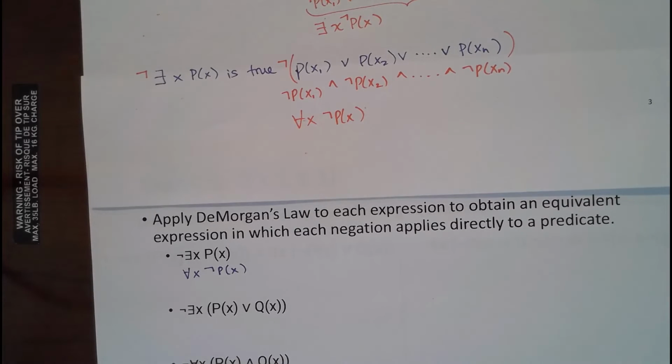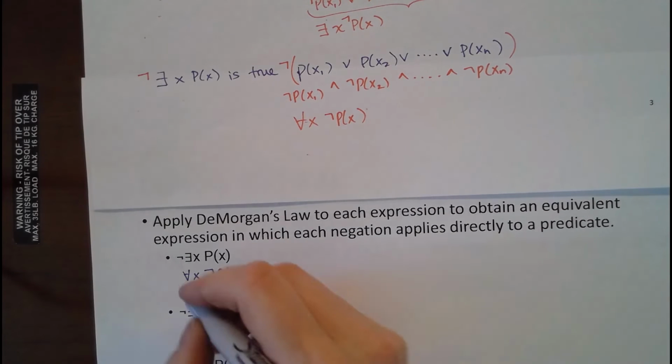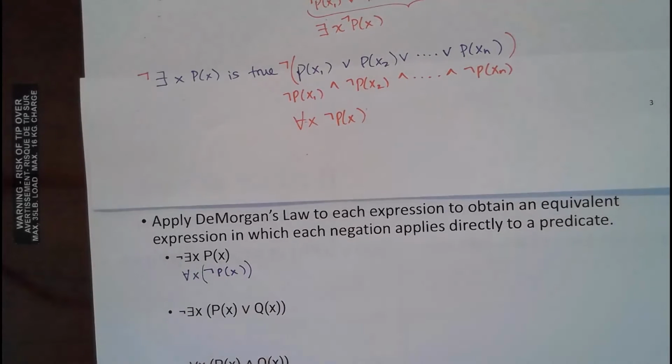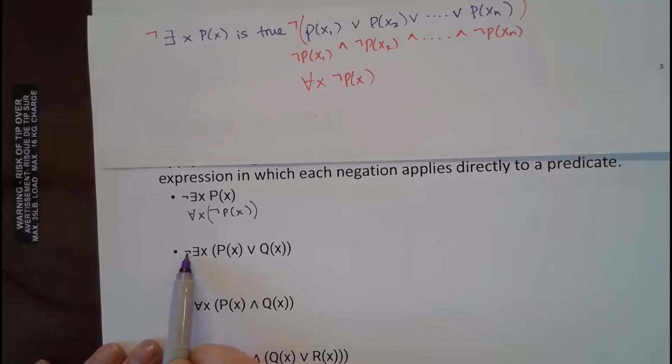You don't necessarily have to put the parentheses in front of the negation, but sometimes it can't hurt to put parentheses, so I like to put the parentheses there anyways.